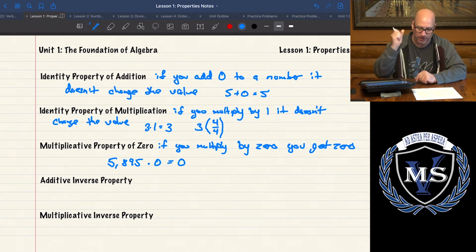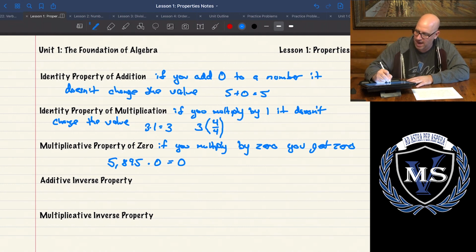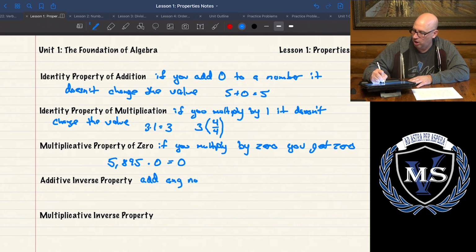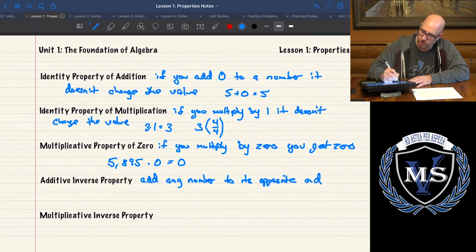Additive inverse property. This is a great one. We're going to use this a lot with solving equations, especially addition and subtraction type equations. This says if you add any number to its opposite, you'll always get 0.